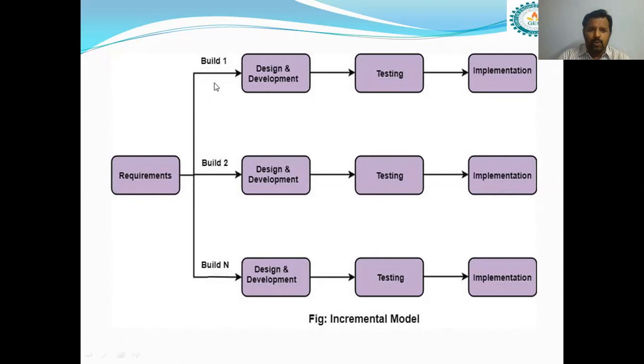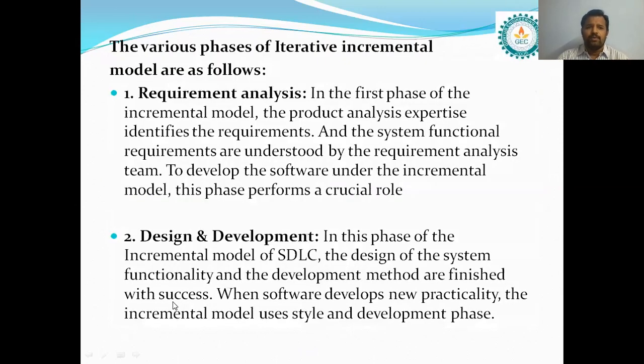After that, build two. This is one module, this is the second module, this is the third module, and so on, n modules. In this way, we can increment the modules. That's why we call it an incremental model.